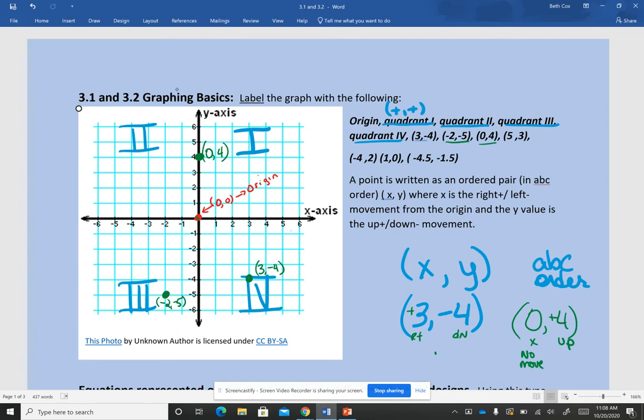Next is 5, 3, which would be 1, 2, 3, 4, 5 on the right, and up 3. So that would be 5, 3. And again, the little humps are just for teaching purposes. Negative 4, positive 2, which is right here.